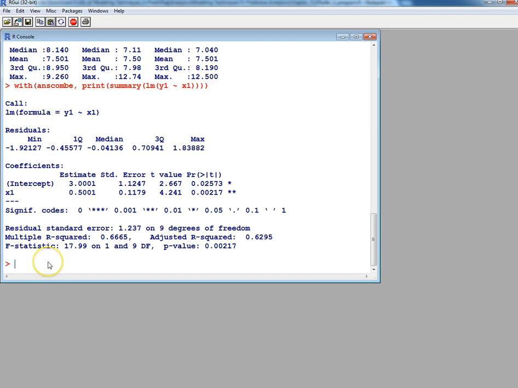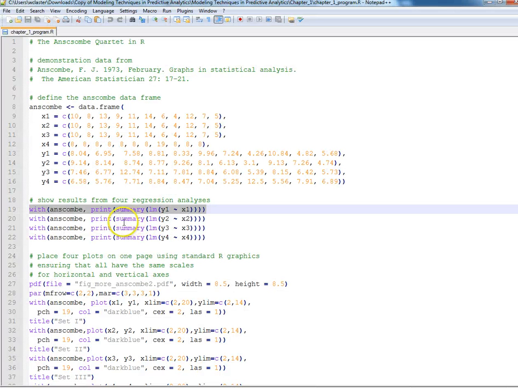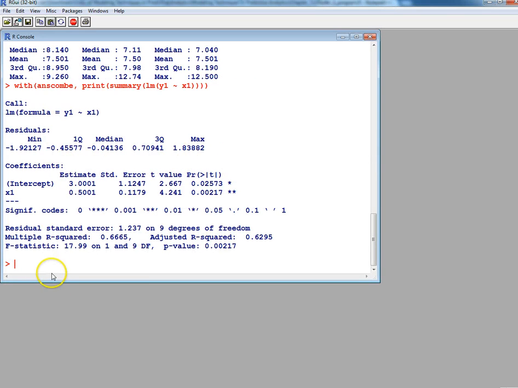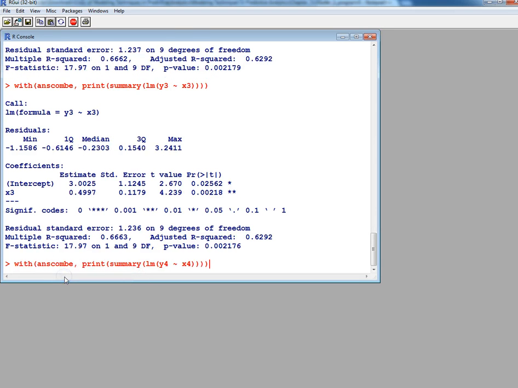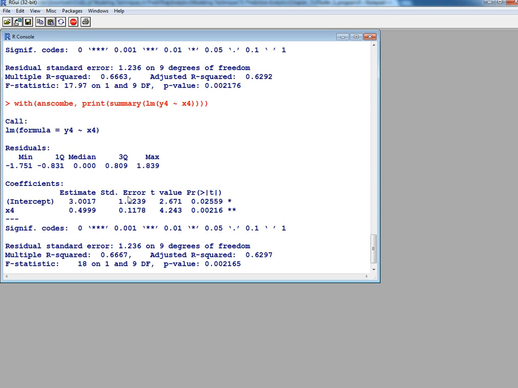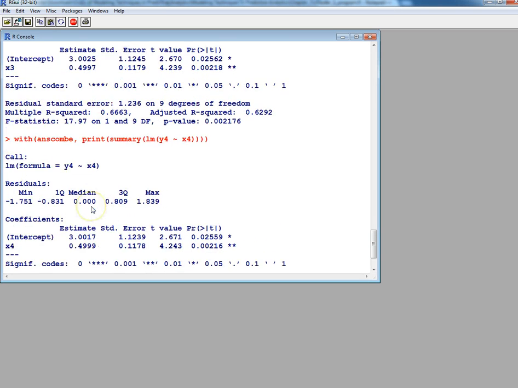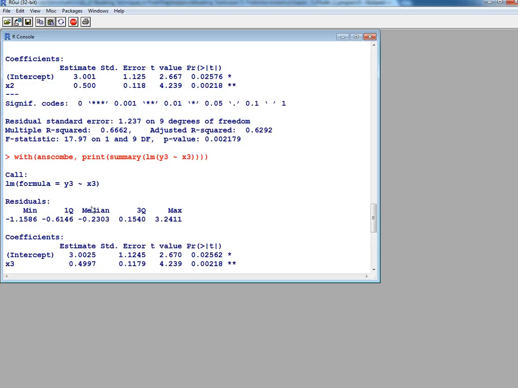Now do the same thing for all of these relationships here. Let's just do it again, but use all of them, and see all the results. What kind of differences do you get? Scroll through and check the results.